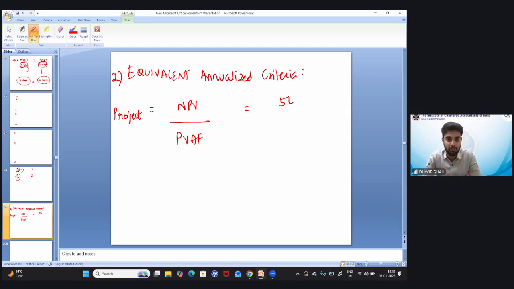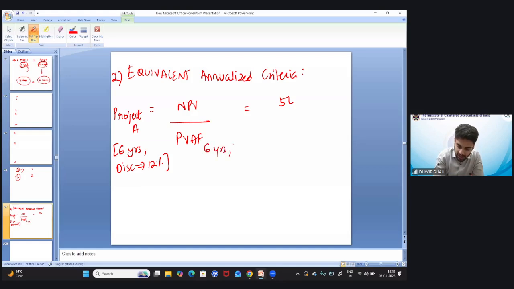How to calculate the PVAF factor? Project A is for 6 years and the discounting rate is 12%, correct? So find the PVAF factor for 6 years at 12%. I hope you know how to find the PVA factor.